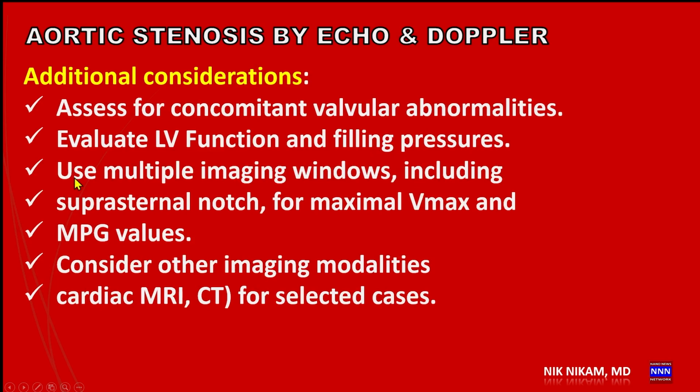Again, we need to use multiple imaging windows, including the suprasternal notch, to look for the velocity of the aortic jet to get the maximum value that we can. Then consider other modalities like CT, MRI, because aortic stenosis is a very critical condition. Those patients who become symptomatic deteriorate within 2 to 3 years, and hence it is important to identify.